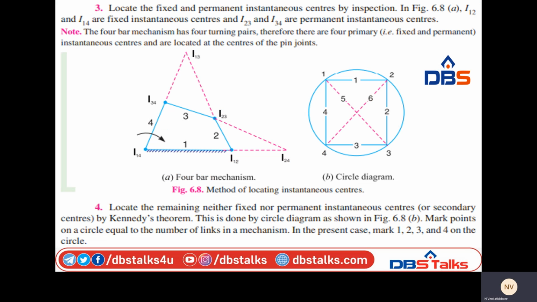Next, locate the fixed and permanent centers by inspection. Here I12 and I14 are the fixed centers, and I23 and I34 are the permanent instantaneous centers.